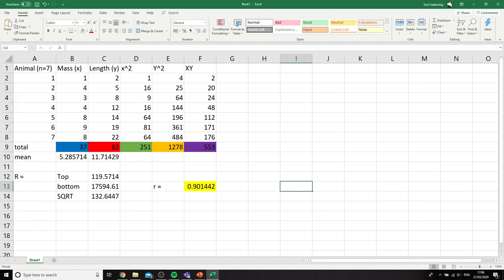Yeah. So when you look for a critical value, your degrees of freedom is 5, and your critical value, you need to look for p equals 0.05. Okay, that gives you a 95% confidence.